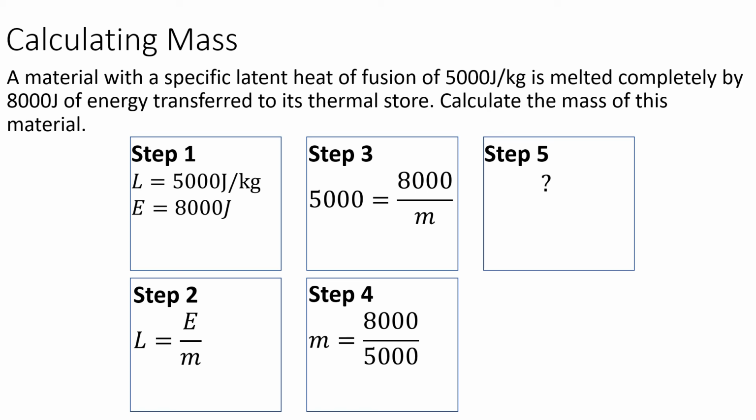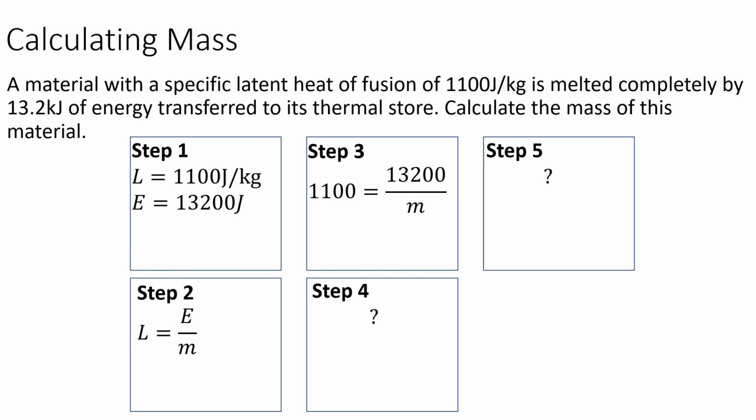Copy steps 1 to 4 and complete step 5. A material with a specific latent heat of fusion of 1,100 joules per kilogram is melted completely by 13.2 kilojoules of energy transferred to its thermal store. Calculate the mass of this material.